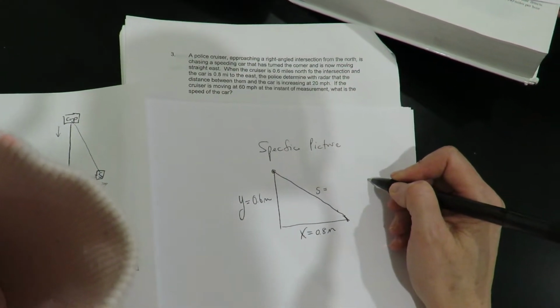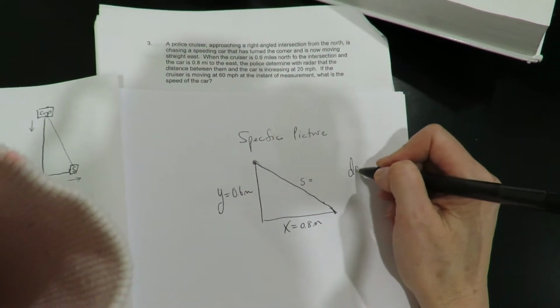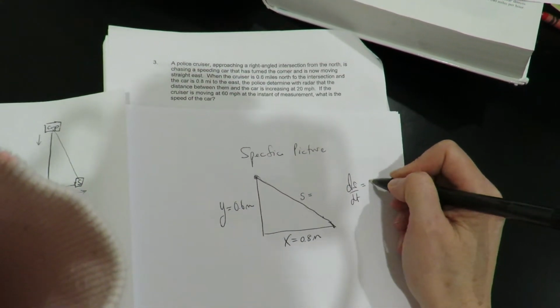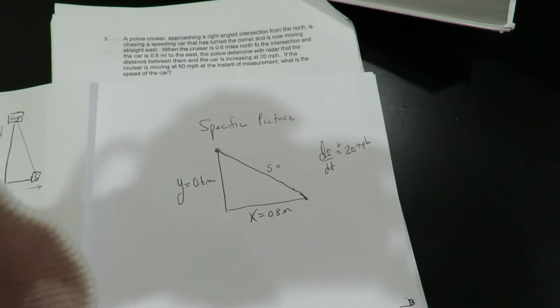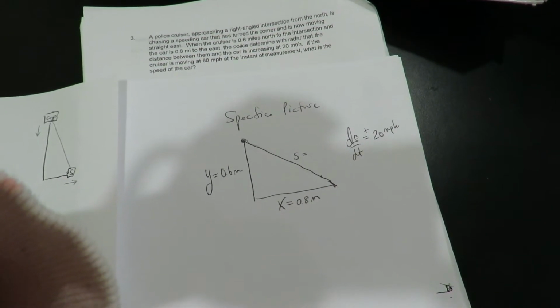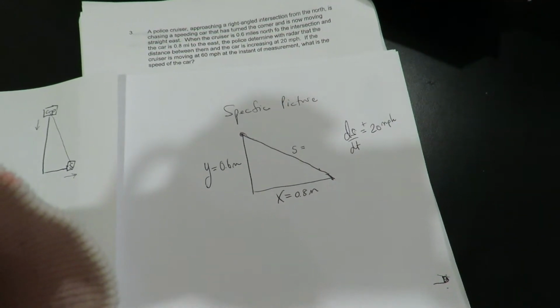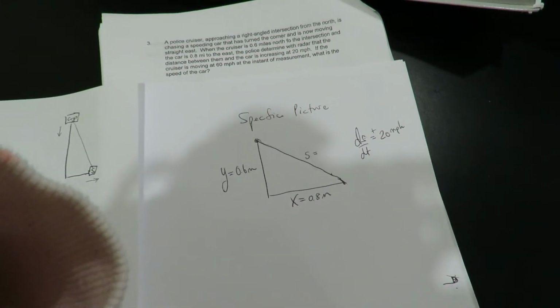Okay, so that's the derivative of s, because that's talking about this side. So that's your ds/dt. And it's increasing, so it's positive. Okay, which the cop probably isn't too happy about. So if the distance between them was decreasing, then that would be negative, okay, but it's increasing.